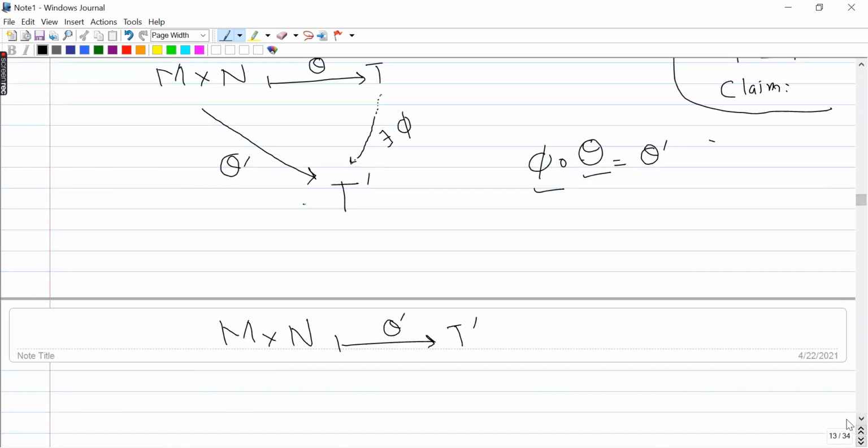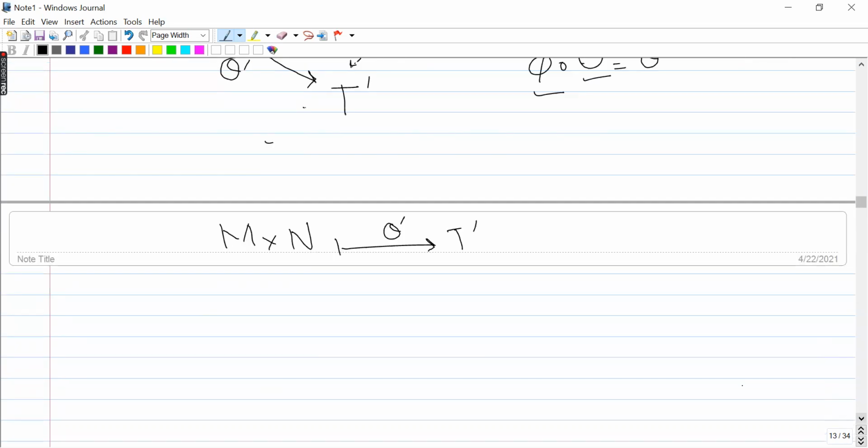So in the same way, by the definition, theta bar from M cross N to T bar is a bilinear map, and it is given that theta from M cross N to T is also a bilinear map.